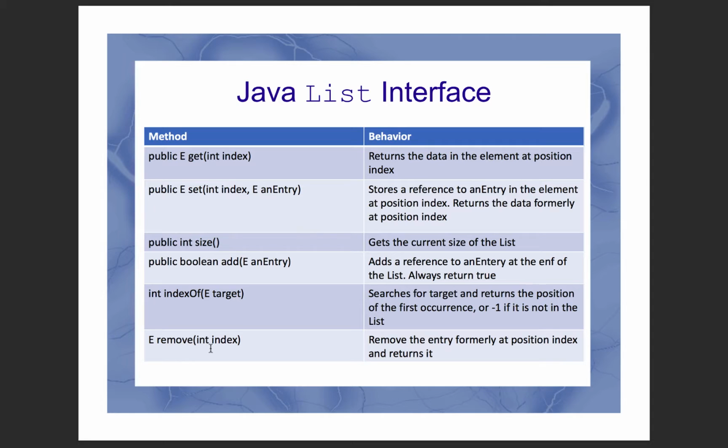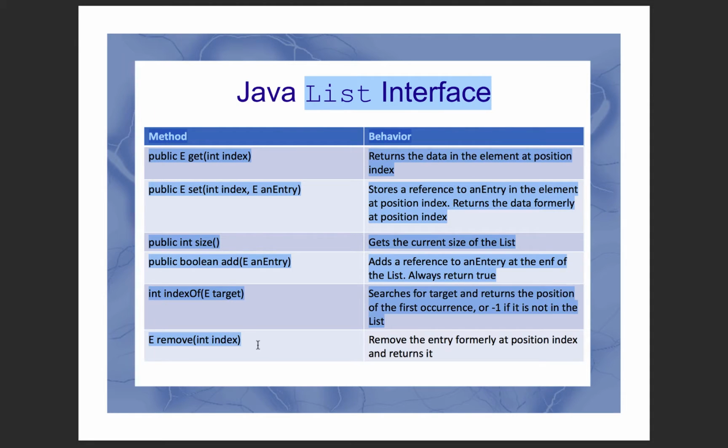With the remove method, we give some index over here, and it will remove the data at the given index. So these are some methods which are declared in the list interface. So if you create a class and you implement the list interface, you probably have these methods, and then you can implement them for your purpose.